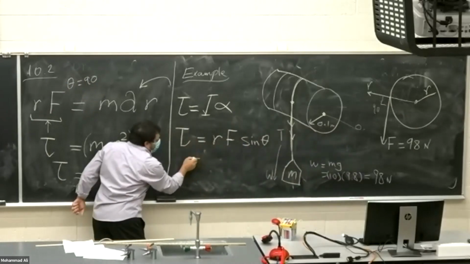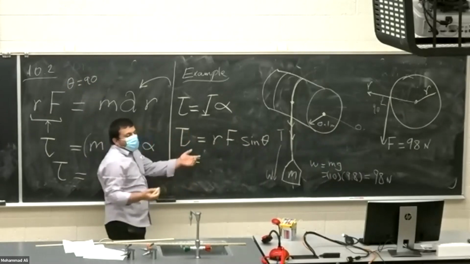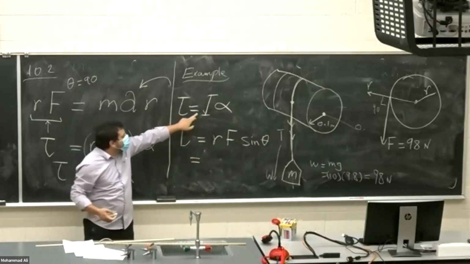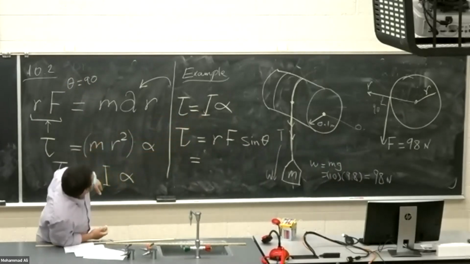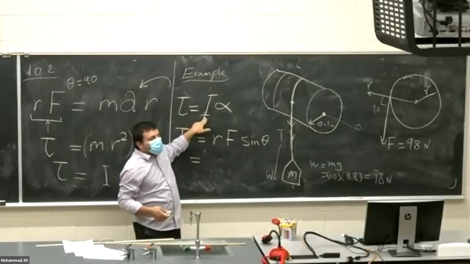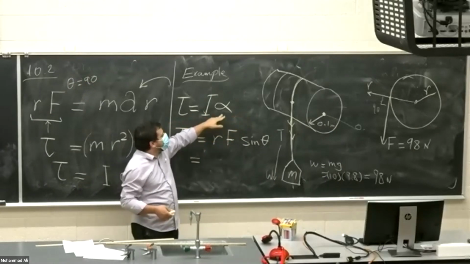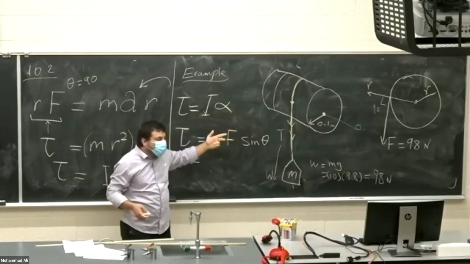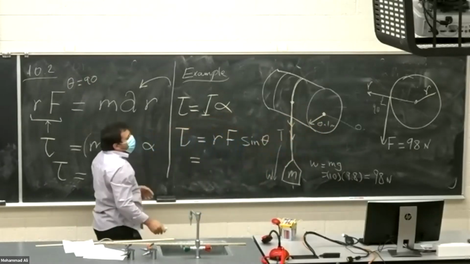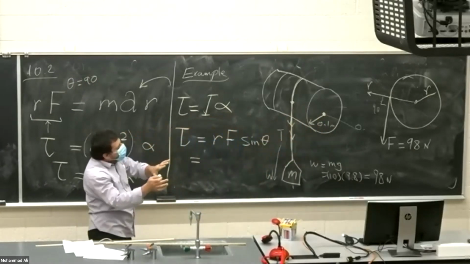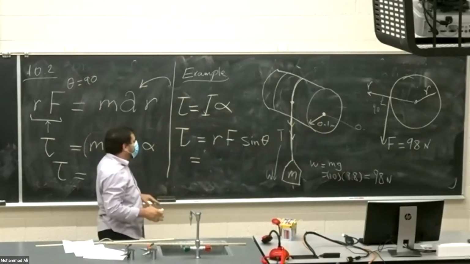Okay. I will compute the torque. Which relation can I use to find the torque? The first equation, I need to compute I. It is easy to compute. But alpha, I don't know, the angular acceleration for this cylinder. By the way, it is a solid cylinder.